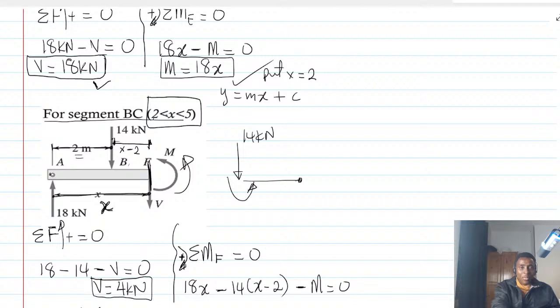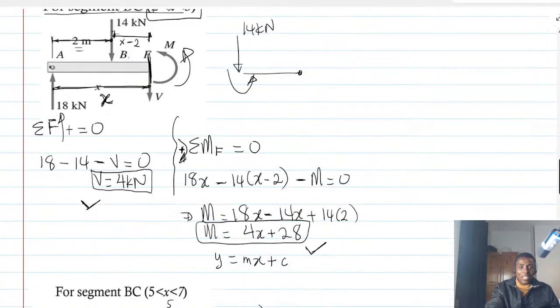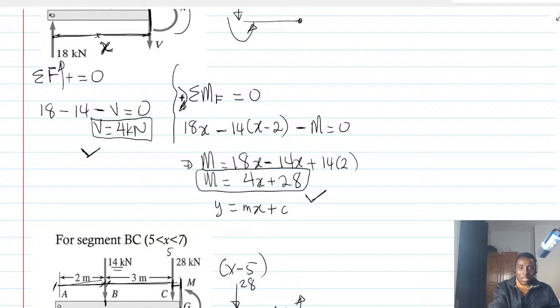So if you want the minimum, we are going to start at where? x equals what? 2. The segment is between 2 and 5. So we start at 2 and then come to where? 5.